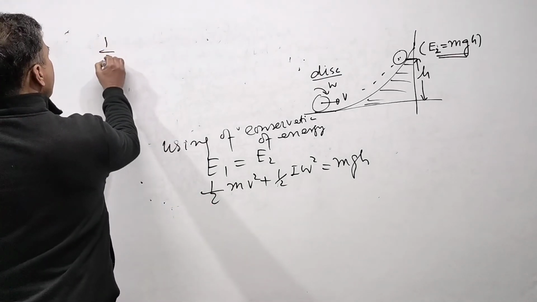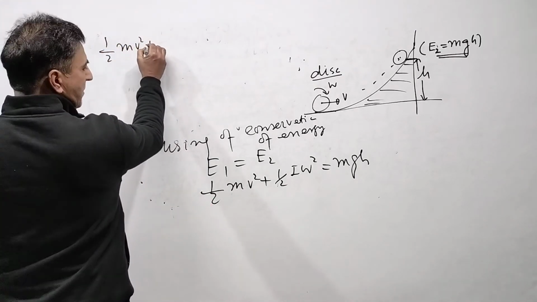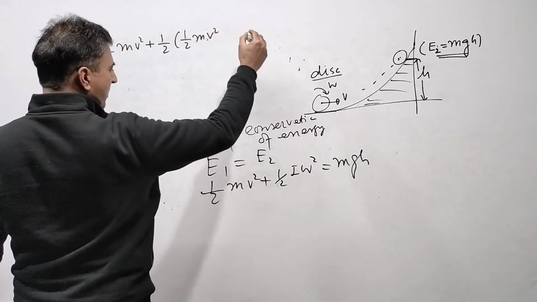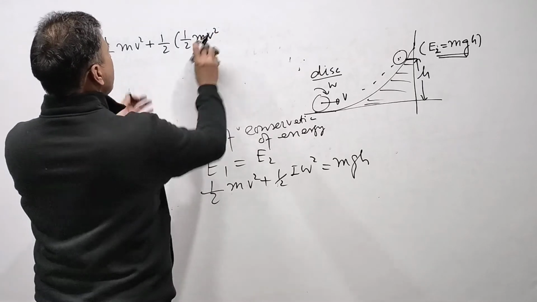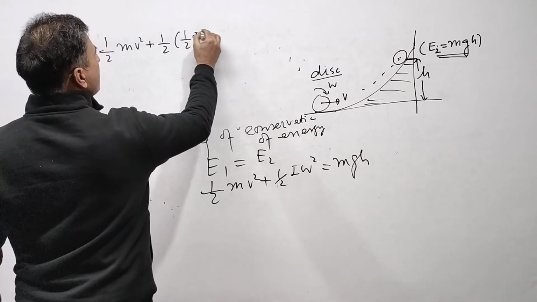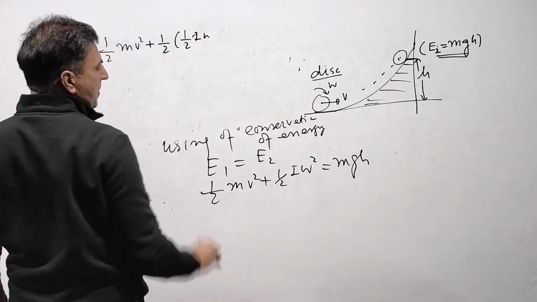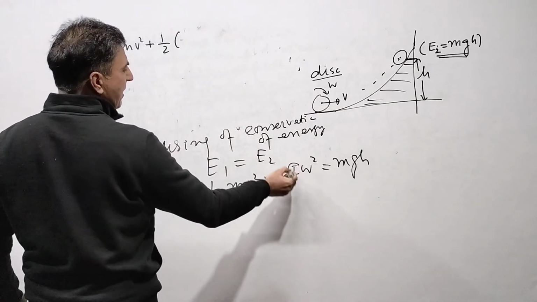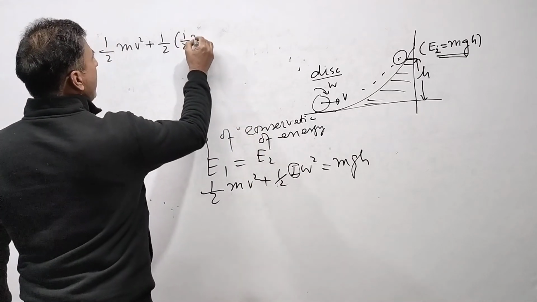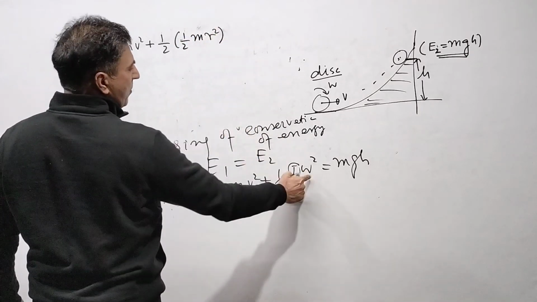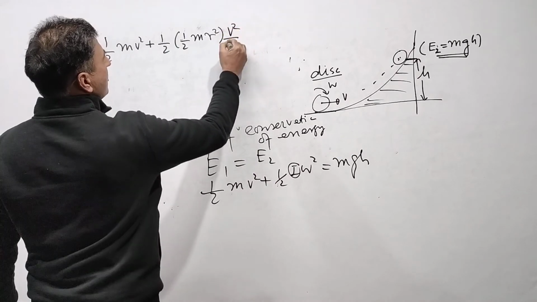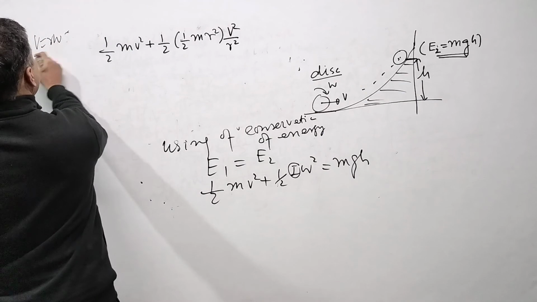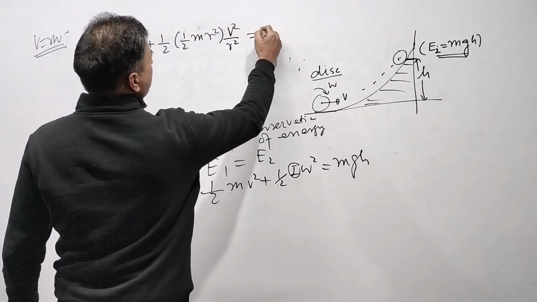It is 1 by 2 mv square plus 1 by 2 I omega square. Moment of inertia I, that is 1 by 2 mr square. Omega square is V square by R square, because it is rolling, and we know for rolling V is equal to R omega. So is equal to mgh.